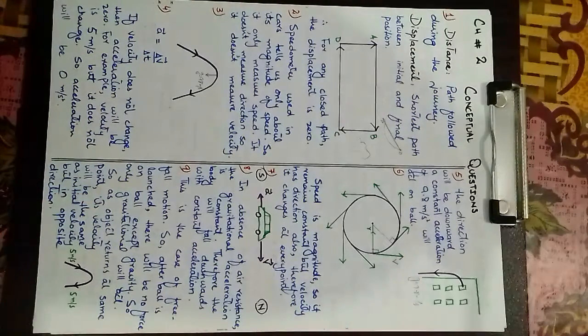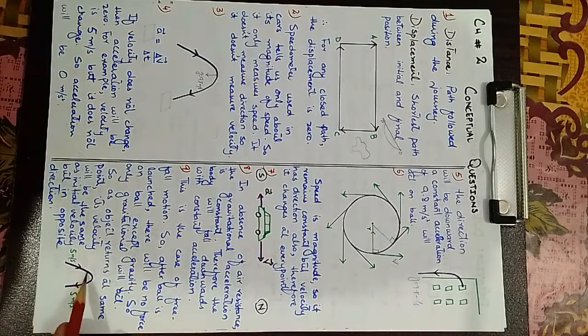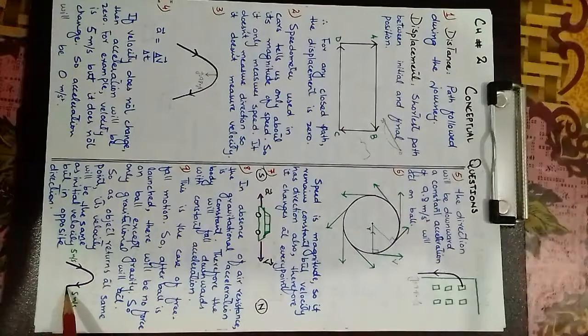So as only gravity acts on that object, therefore there would be only gravitational acceleration that would be acting upon that object. And gravitational acceleration only changes in direction whenever a body goes to a certain height and comes back to that initial position.